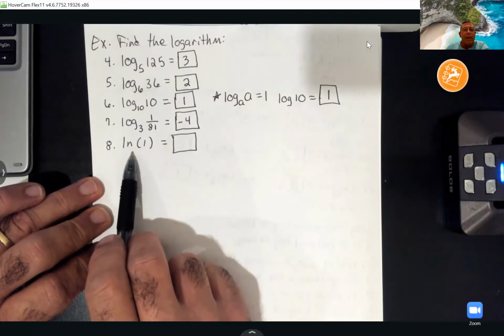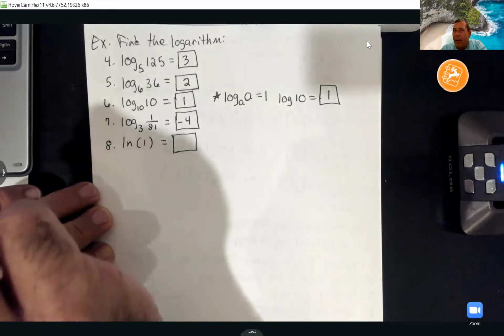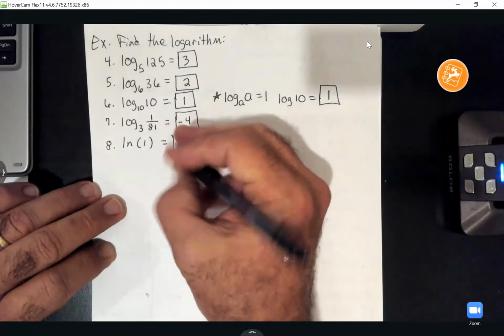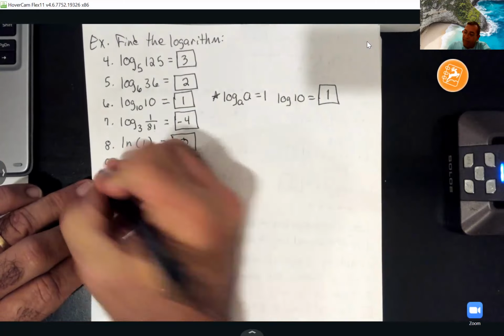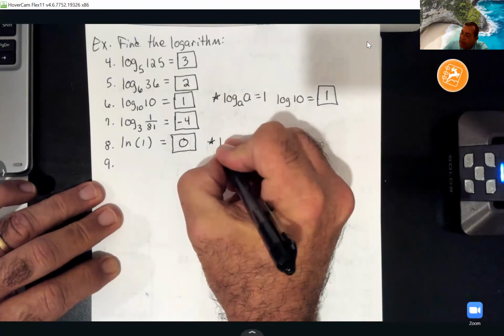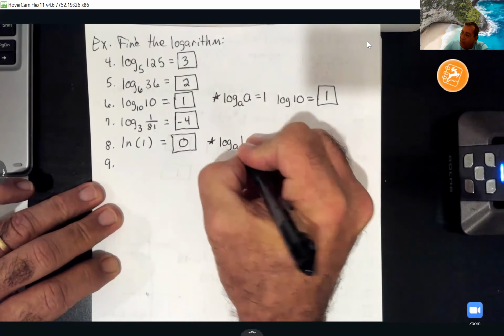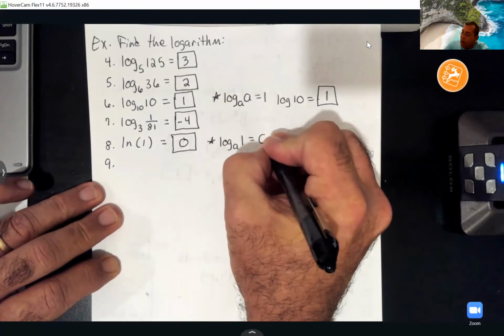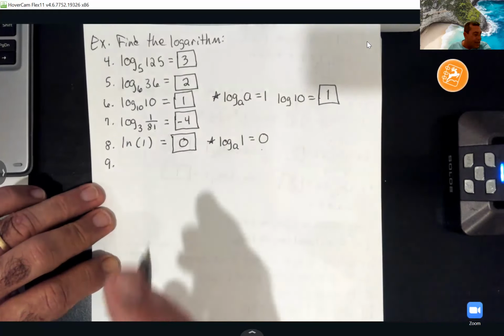No matter what the base is, if that result is a 1, that's going to be a 0 no matter what, okay? So you could almost have your little property that says the log of any base with a result of 1 is always going to be a 0, no matter what that a is, okay?